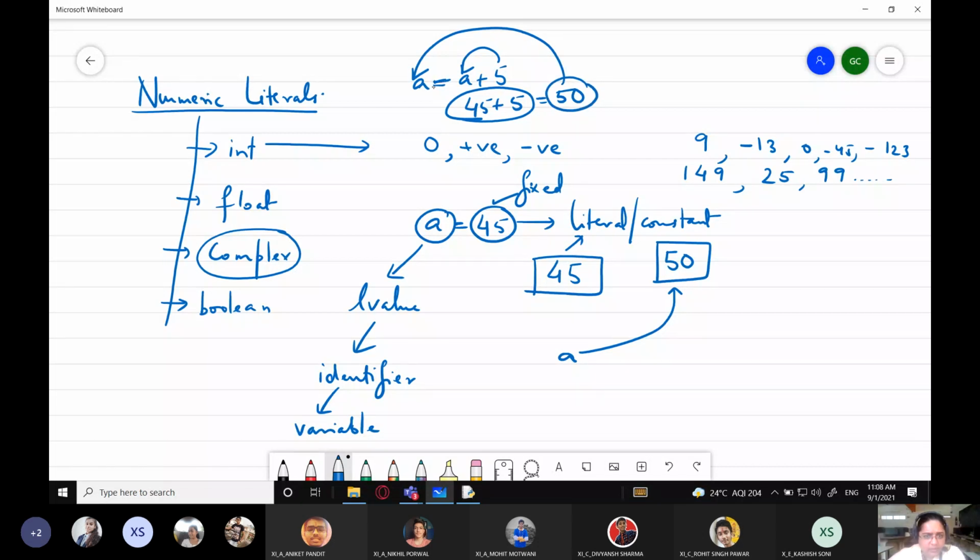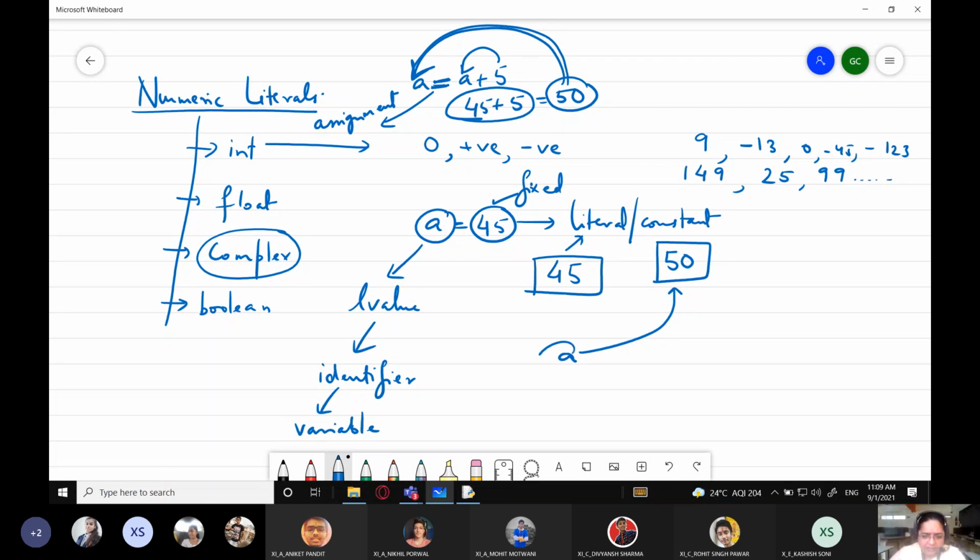And because of this equal to sign, which is the assignment operator, which is used for assignment, this 50 gets assigned to A. Now we are giving A the value 50. So it stops pointing to 45 and it now starts pointing to 50. 45 stays as it is in the memory and now it can be used by any other variable, right?